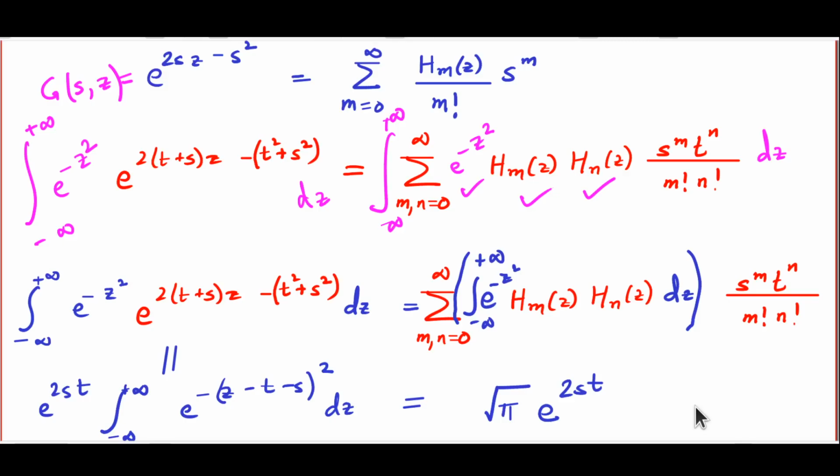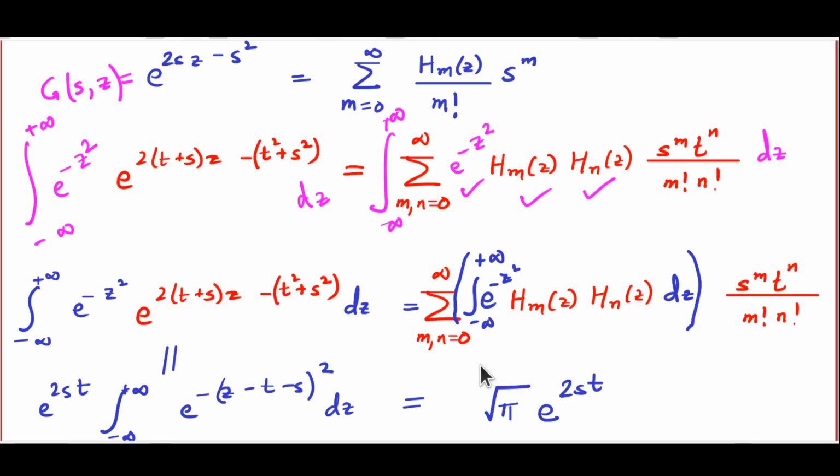And what that means is, on this side, unless m and n are equal, you must have a zero coefficient, which immediately establishes our orthogonality result that the integral of e to the minus z squared H_m(z) H_n(z) dz from minus infinity to plus infinity vanishes whenever m is not equal to n.